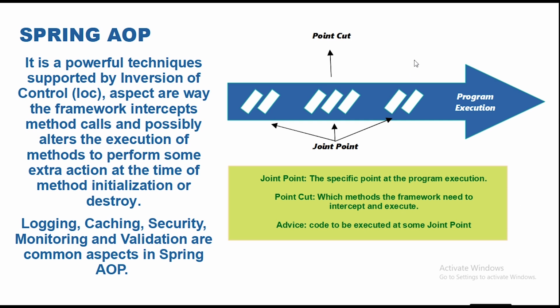Here we have pointcut and join point. A join point is the specific point in the program execution. A pointcut defines which method the framework needs to intercept and execute. That is the pointcut. And we also have advice, code to be executed at some join point. We will look at this in more detail in this playlist.